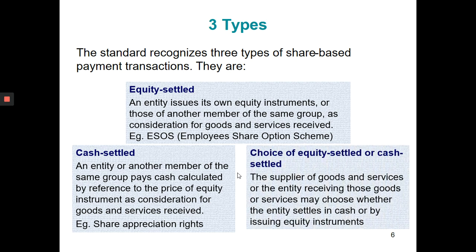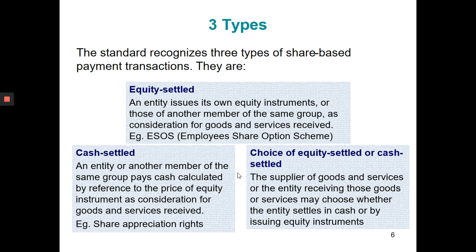Okay, and the last type is choice of equity settle or cash settle. So if you understand what equity settle is and what cash settle is, then it should be easier for you to understand the choice of equity settle or cash settle. This is a situation where the supplier of goods and services or the entity receiving those goods or services may choose whether the entity settles in cash or by issuing equity instruments.